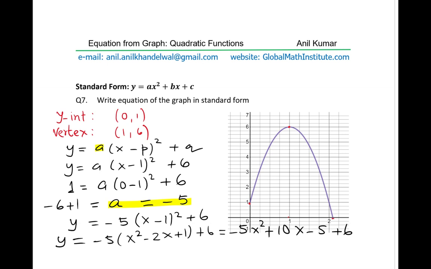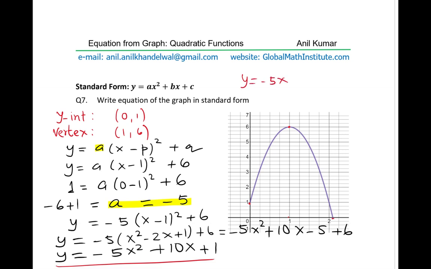Combining these two terms, we get y equals minus 5x square plus 10x plus 1. Correct? So that becomes the equation of the given parabola. I hope that is very clear. Let me rewrite this equation here: y equals minus 5x square plus 10x plus 1.